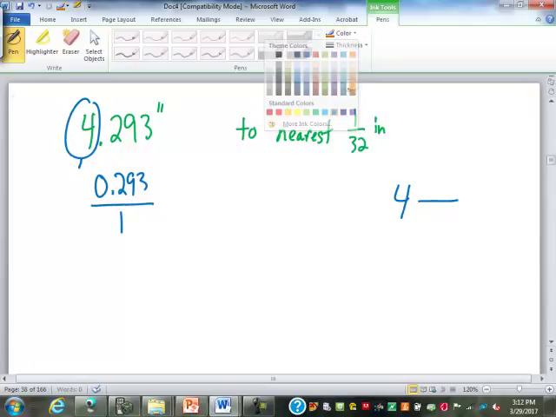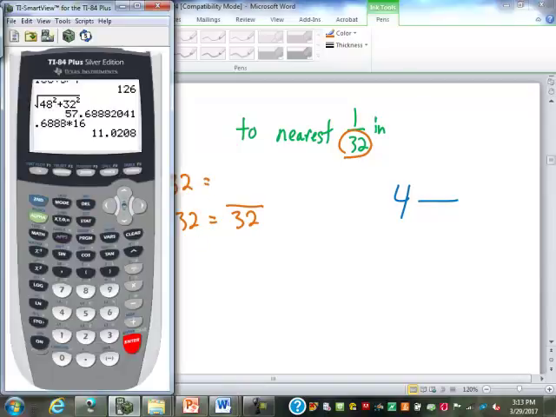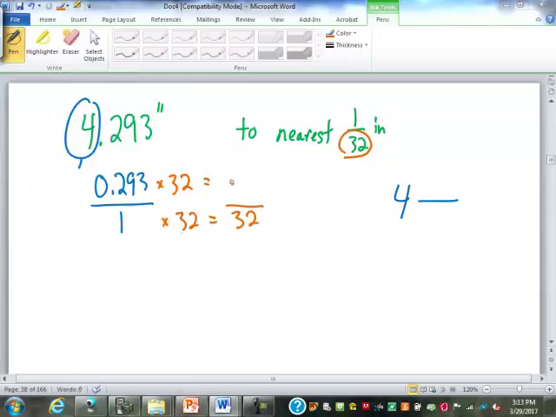And right now it has a denominator of 1, and I want it to have a denominator of 32. So I take my 1 times 32 to turn it into a 32. But if I multiply the bottom of the fraction by 32, I have to multiply the top of the fraction by 32. So .293 times 32 is 9.376.